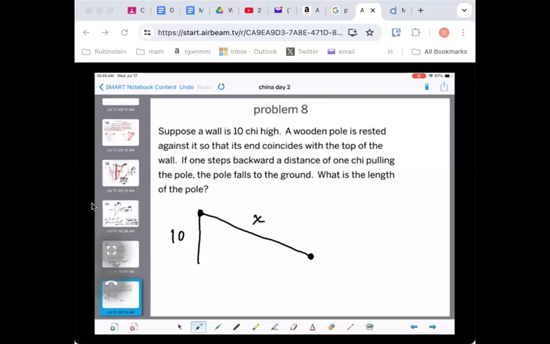This looks pretty good. It looks like I have 2 out of 3 sides of a right triangle, and we do, actually. So the wall is 10 feet and the pole rests against it so its end coincides with the top of the wall.